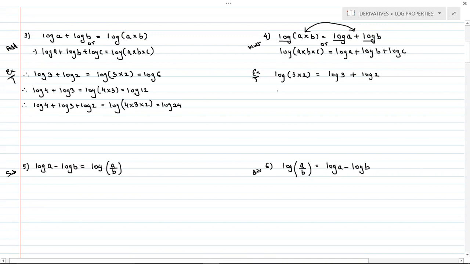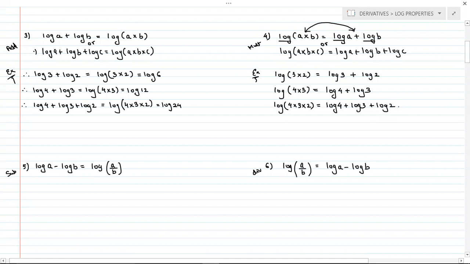Okay, so let's take one more example. Suppose if I say log 4 into 3, so it can be written as log 4 plus log 3. Suppose if I say log 4 into 3 into 2, so now there are three numbers, three terms, so it can be written as log 4 plus log 3 plus log 2.